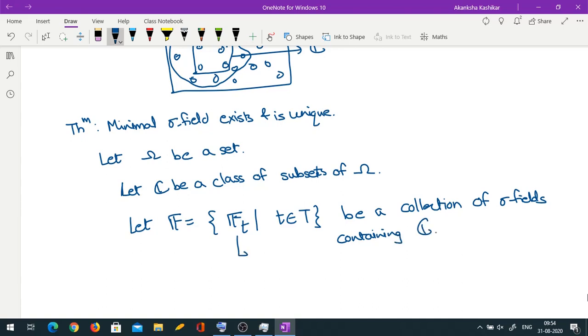It means that every F_t is a sigma field plus C is a subset of every F_t.